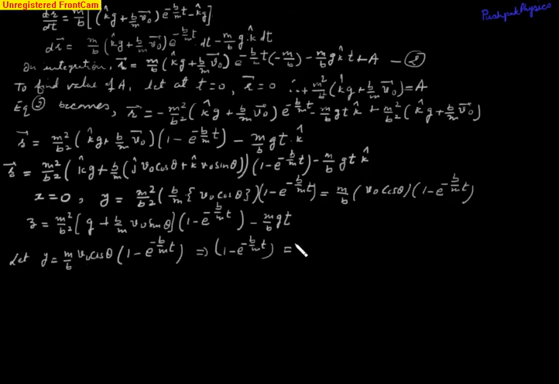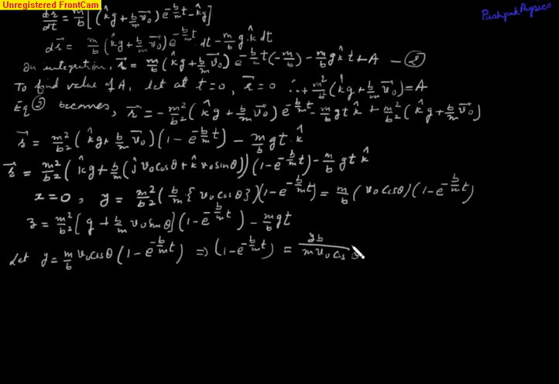So this term comes out to be, b goes to the other side, y into b divided by m v naught cos of theta. So that means here I can substitute now this value, and further I can also use it.